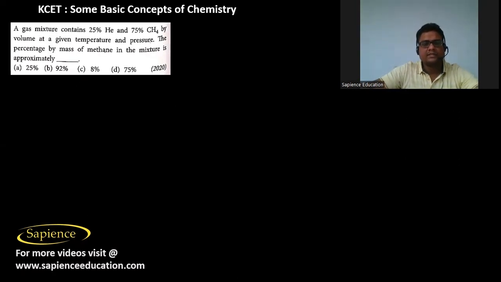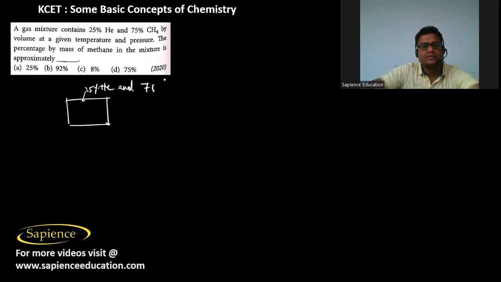Then here it is told a gas mixture contains 25% of helium and 75% CH4 by volume at a given temperature and pressure. A gas mixture is there. It contains 25% helium and 75% methane, 75% CH4 by volume, at a given temperature and pressure.